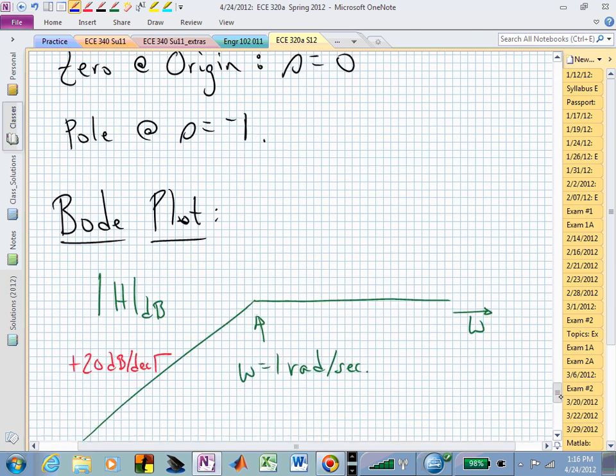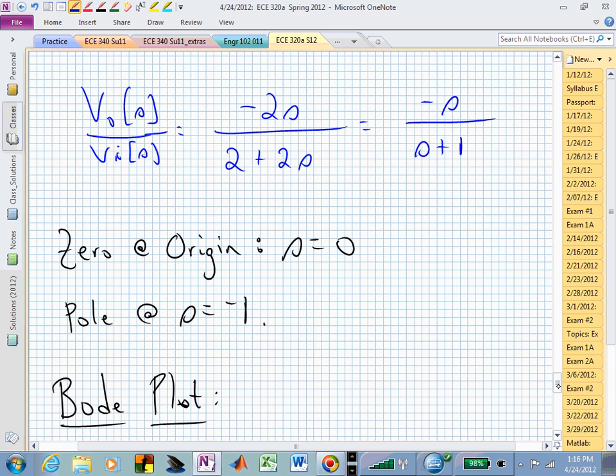What's the 0 at the origin contributing? What's its phase? So now you replace S with j omega, and now you're looking at the angle associated with j omega.